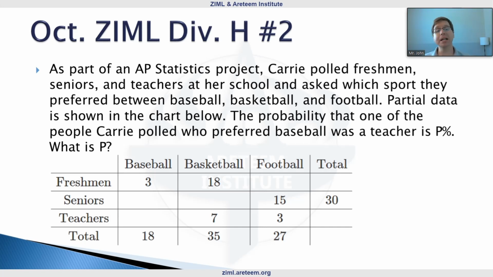Of course, being a math question, we're only giving you partial data here. The probability that one of the people Carrie polled who preferred baseball was a teacher is P%. So what is P here? Now, there are some quicker ways of doing this. I don't want to say the way I'm going to tell you how to do this is the most efficient, but I just want to practice filling in everything first.